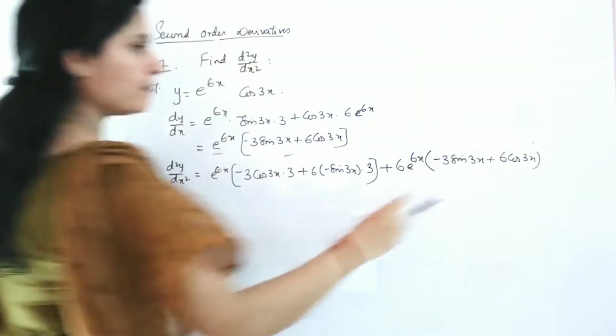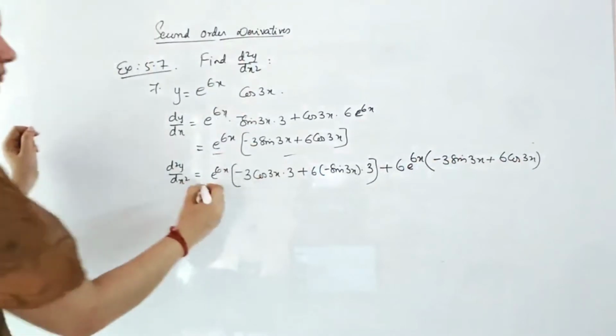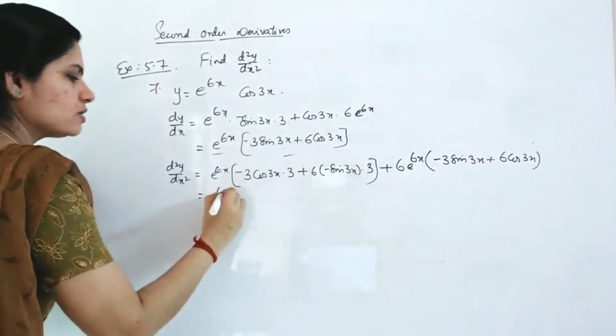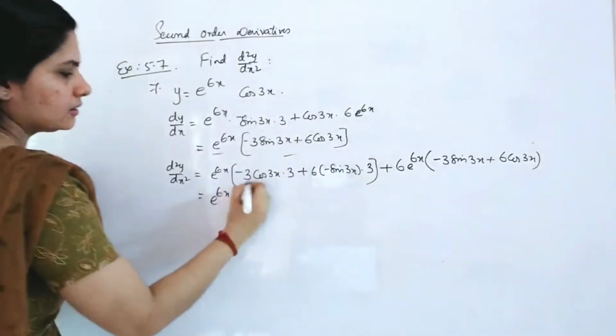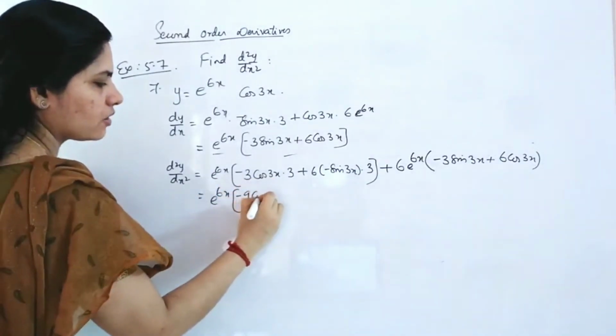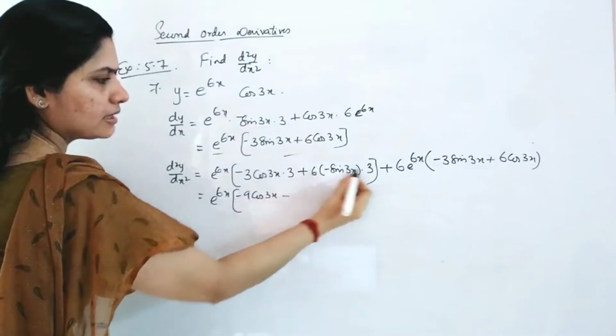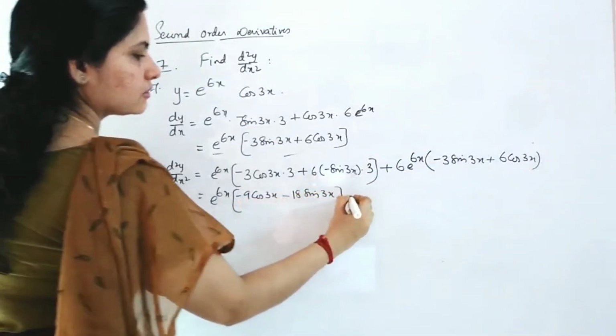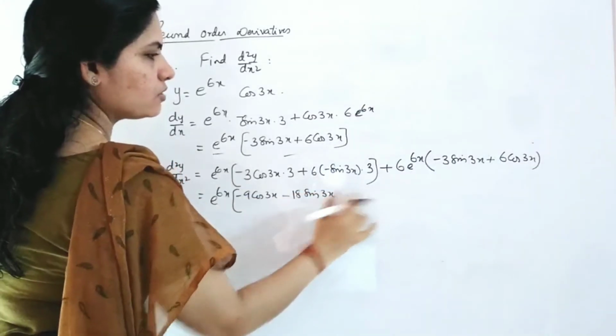Okay, clear? So again you can take out 6 e raised to 6x in common. So this is minus 9 cos 3x minus here you have 18 sine 3x. Okay, we have taken out now. So 6 is there.